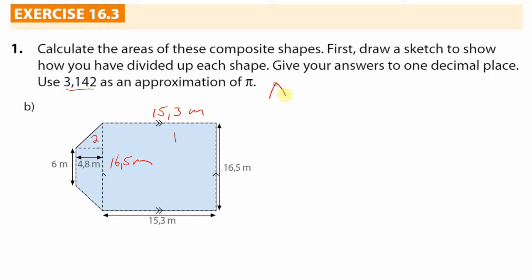So let's first focus on the rectangle. So the area of R for rectangle we know is simply the length times the breadth, or length times width. So now in the place of length we have 16,5 meter. In the place of the breadth or the width we have 15,3 meter.